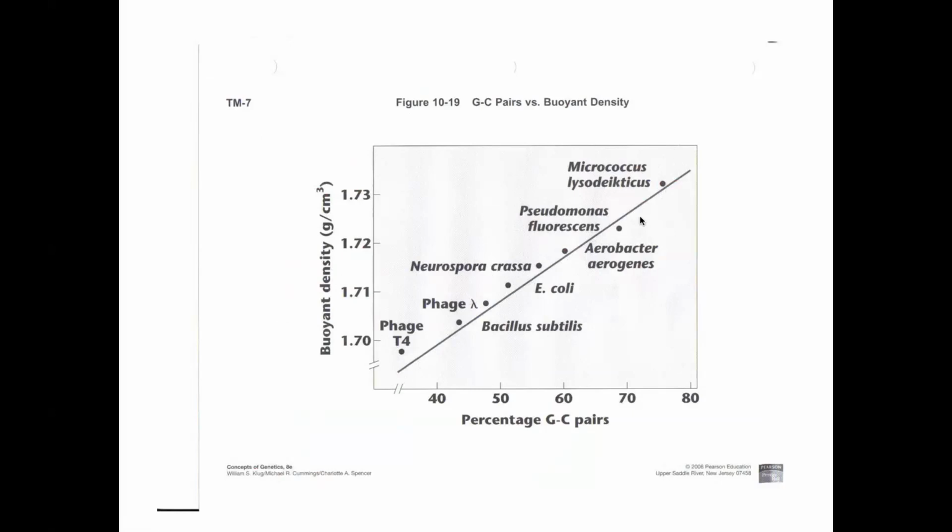So again, as the GC content of the DNA increases, there's a direct proportional increase in the density of the DNA molecule. Once you know the GC content of the DNA, you also know the AT content of the DNA, right? Because those are the only two types of base pairs that exist within the molecule.